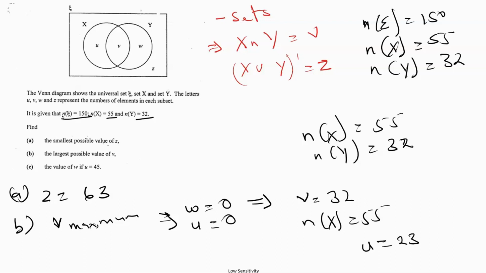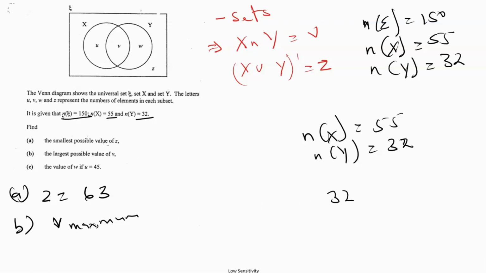Right. So that part is feasible. So that tells us that the maximum value for V can be 32. So we have that solution is equal to 32.